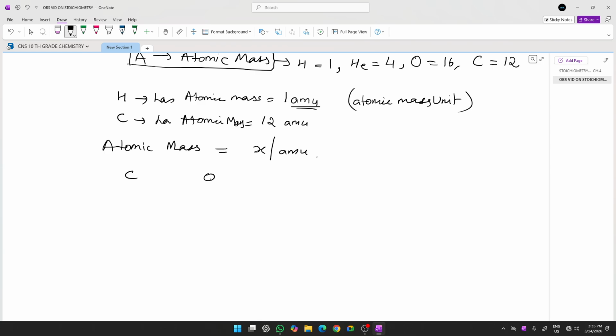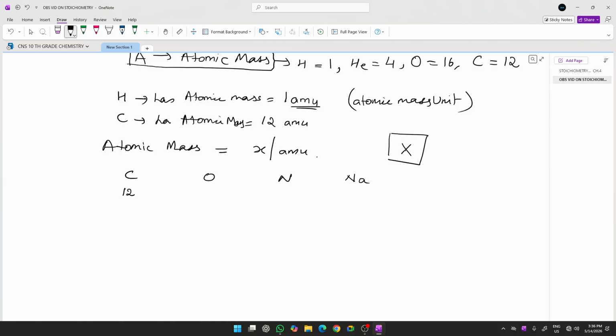Now, let us take some few examples. Carbon, oxygen, nitrogen, and sodium. So these are the 4 elements that I'm going to talk about, right? Atomic mass is written at the top of that symbol.